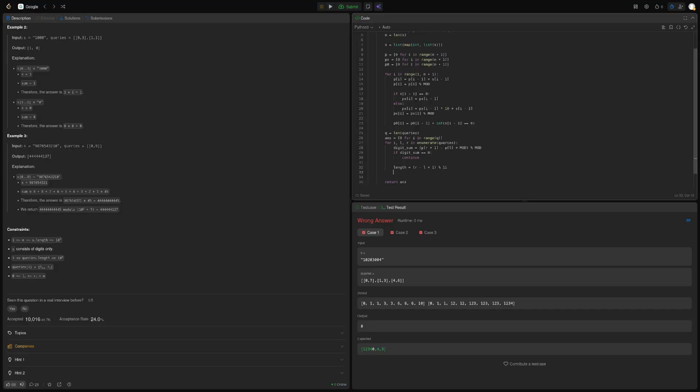And then we want to do, so let's call it x, so let's start with x being px of l times 10 to length, plus, that's starting to get a little complicated, so first part is this, second part is px of r plus 1.